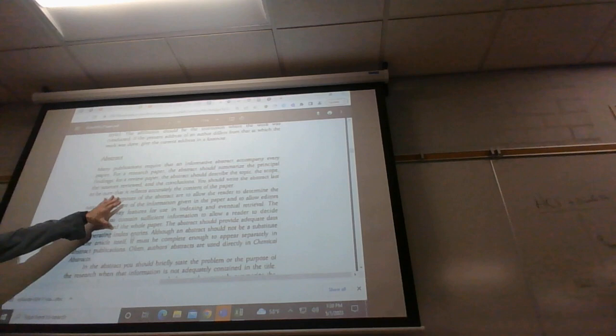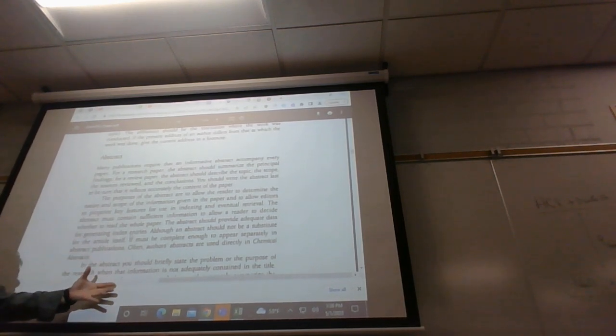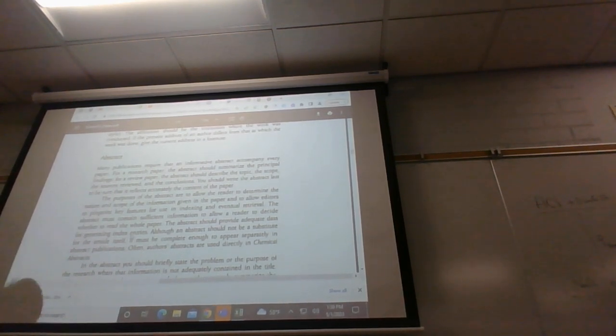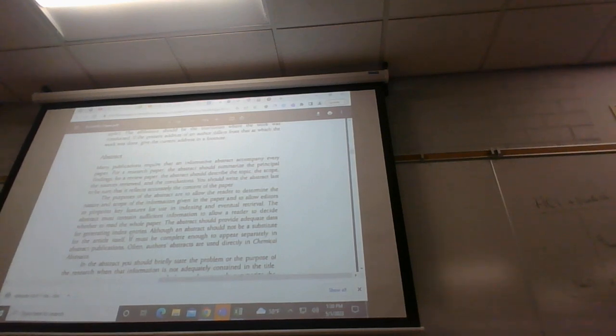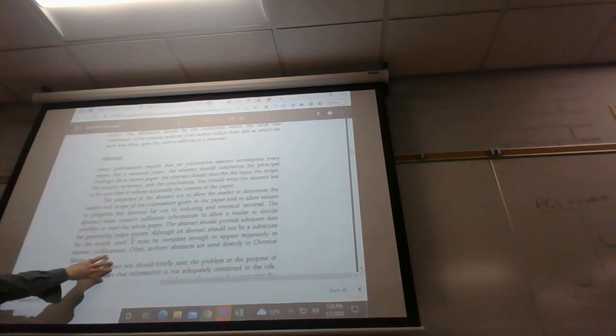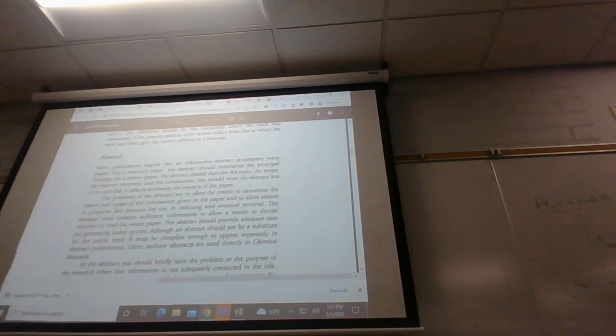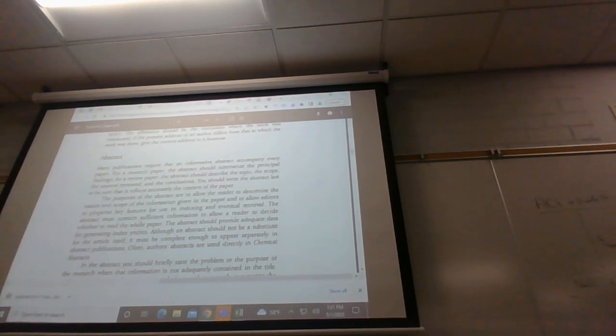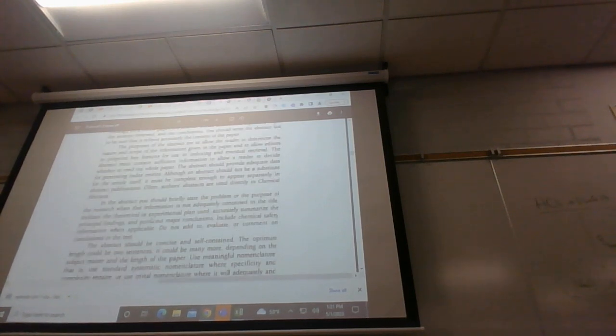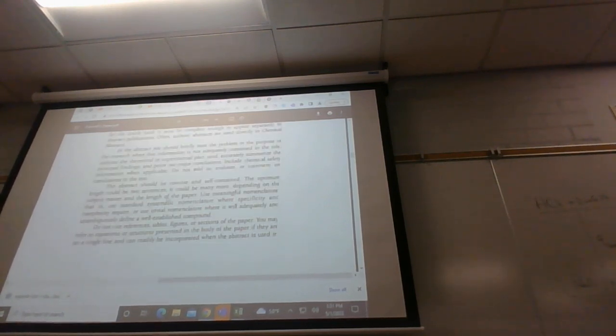And so you need to give the final result or the final conclusion, the key findings, in the abstract in one paragraph. Most people will just read the abstract. And if they're interested in the fine details, they'll read the whole paper, but they should be able to get everything out of the abstract as far as the important findings.